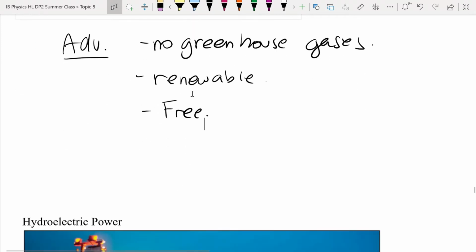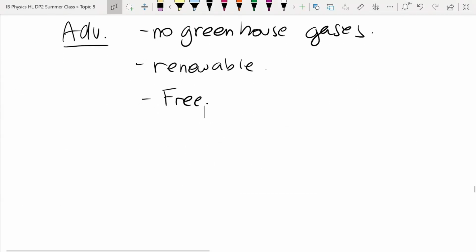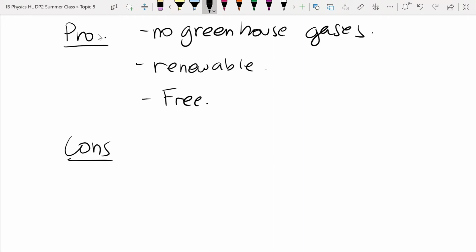So let's talk about disadvantages. Now, what can be a disadvantage of solar panels? Right? And let's change this to pros. The main disadvantage of solar panels is, of course, that it's only available during daytime.